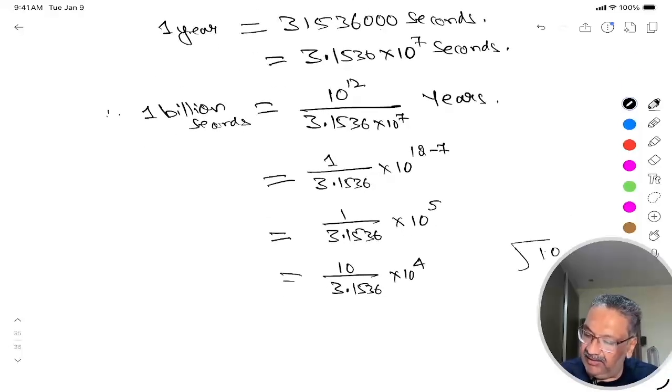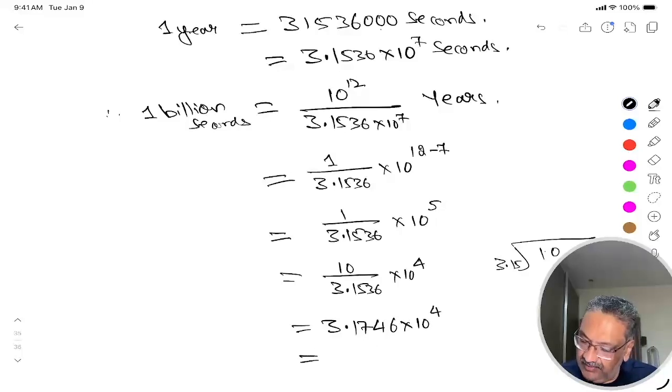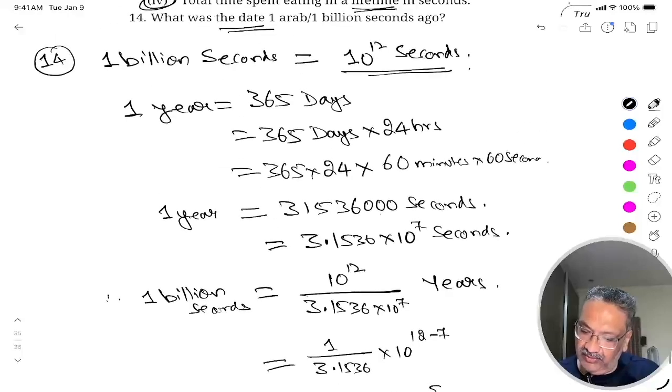Doing this division, approximating 3.15, we get roughly 3.1746 into 10 to the power of 4, or we can say 31746 years. Is it this much? I think some calculation mistake, but this is how you do it. Let's do it once again.